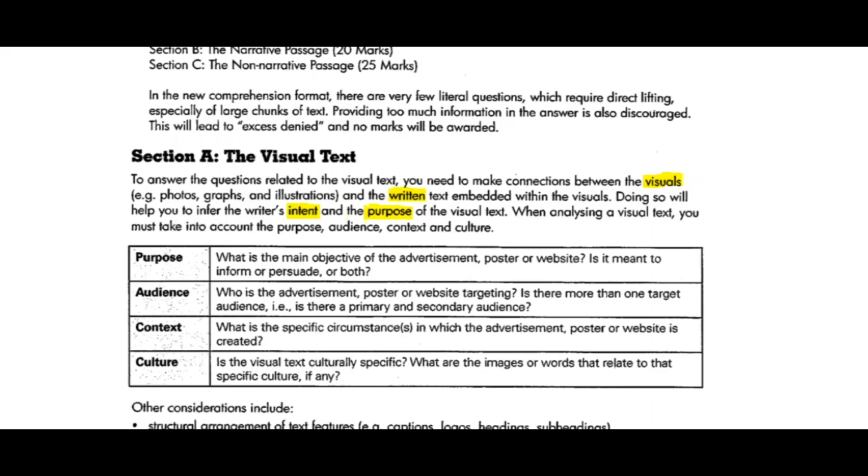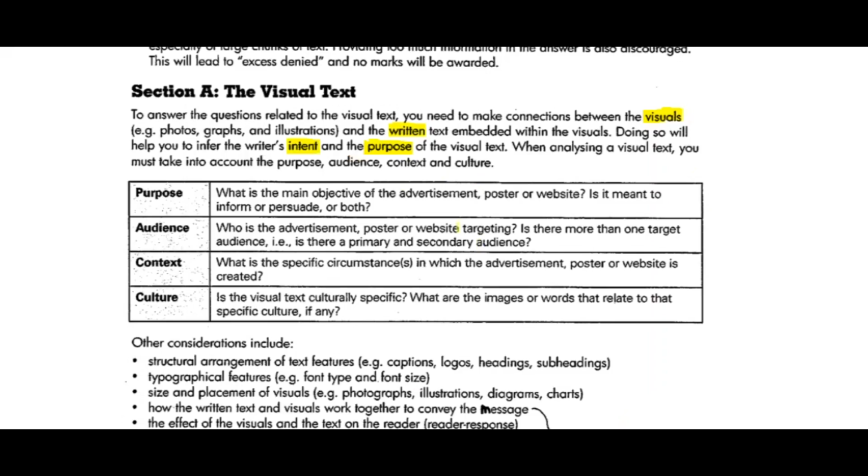So in order to analyze a visual text properly, I think we have mentioned this a little bit in the overview of the syllabus. There's this thing called the PAC: purpose, audience, and context. Actually it's PACC. There's also such a thing called culture. Although culture does not feature very heavily, you sort of have to know the culture in order to infer who the audience is and what the context is as well.